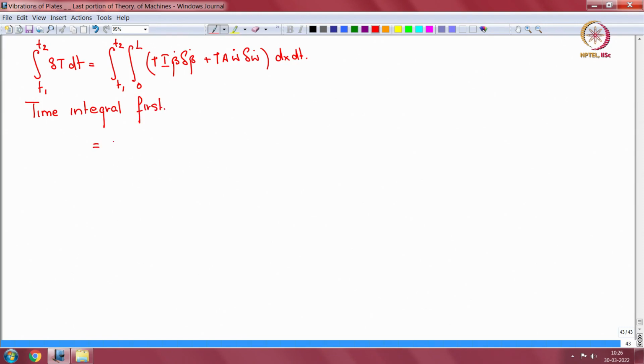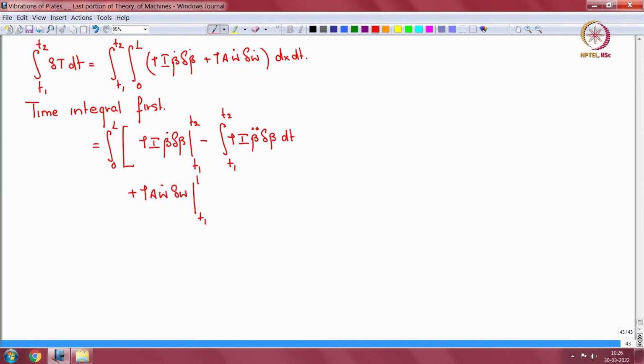If we do that, we get integral 0 to L, rho I beta dot delta beta between t1 and t2, minus integral t1 to t2 rho I beta double dot delta beta dt, plus rho A W dot delta W between t1 and t2, minus integral t1 to t2 rho A W double dot delta W dt, dx.